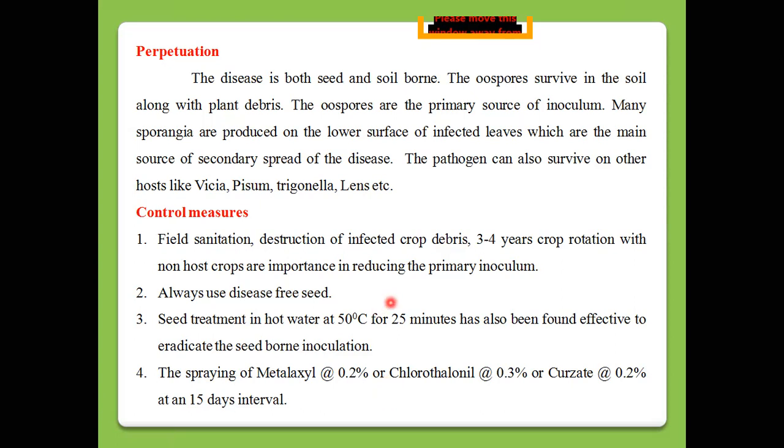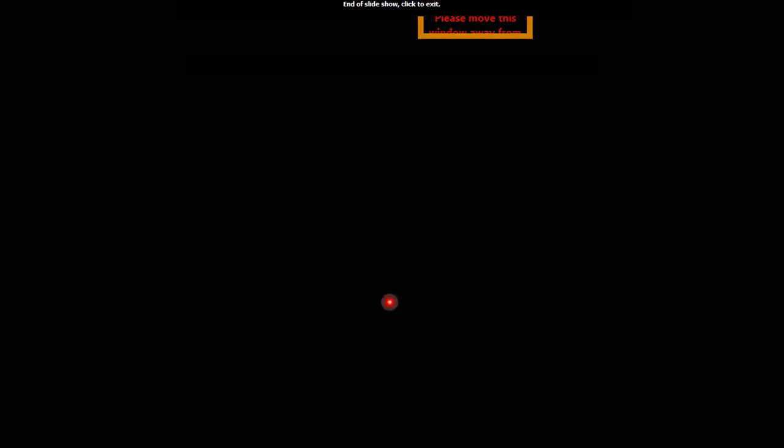Okay, so in today's lecture, I discussed the downy mildew disease seen in field crops, horticultural crops, and vegetable crops. Okay, so keep in your mind the basic symptoms: the chlorotic patches seen on the upper side, and on the corresponding lower side, downy growth is seen.